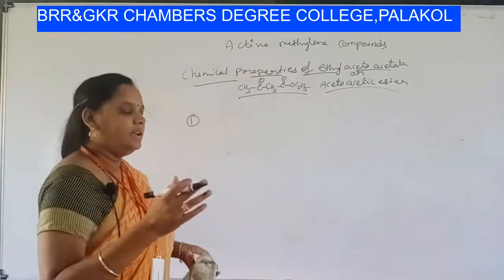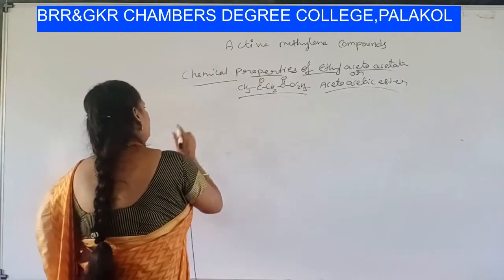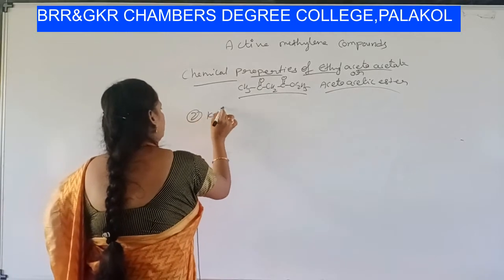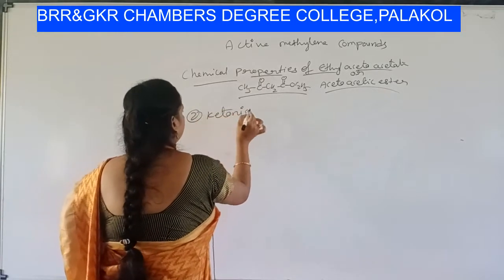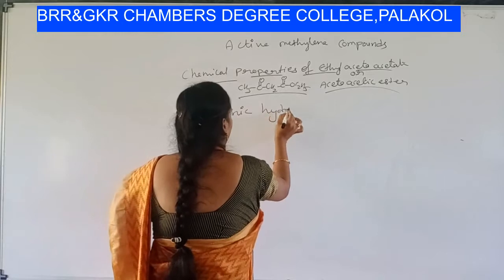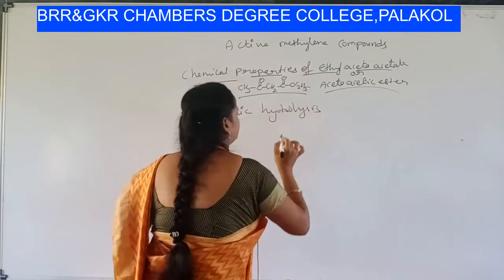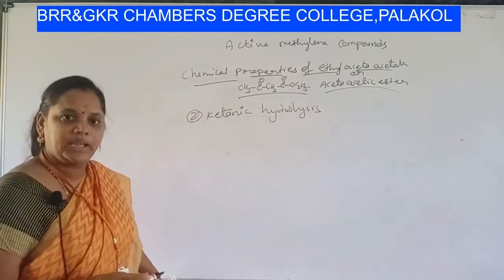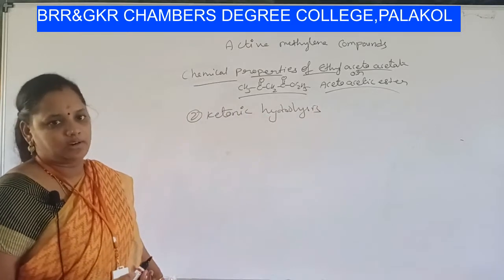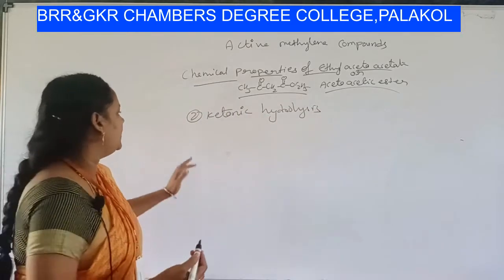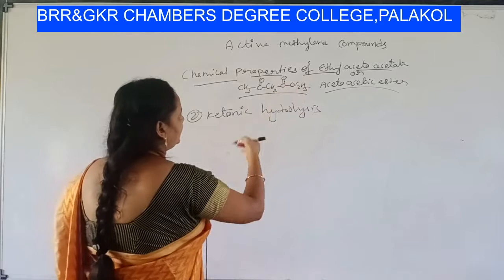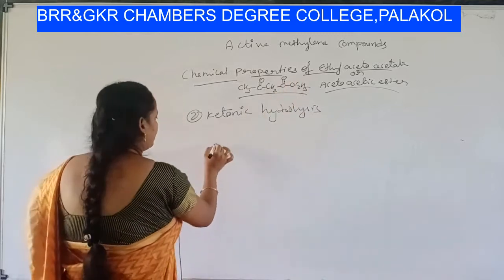Okay, students, next property, ketonic hydrolysis. In ketonic hydrolysis again we have to take ethyl acetoacetate, right? What is the formula?